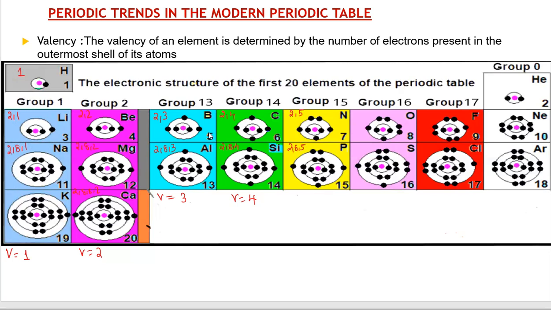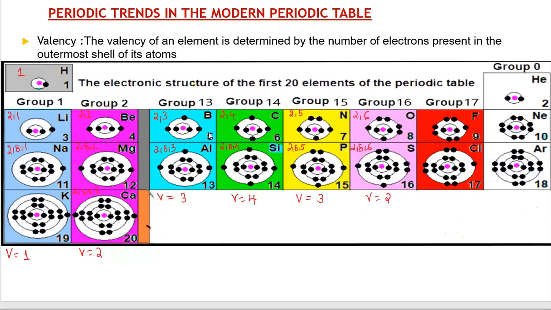Valency is not 5, valency is 3. Oxygen, atomic number 8, electronic configuration 2, 6. Next sulfur, 2, 8, 6, atomic number 16. So valency is 2, not 6.